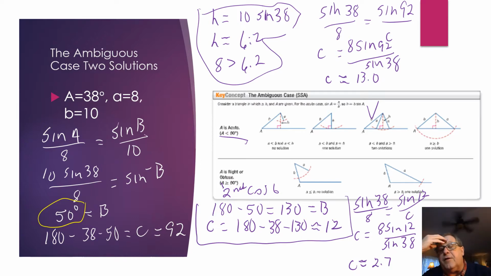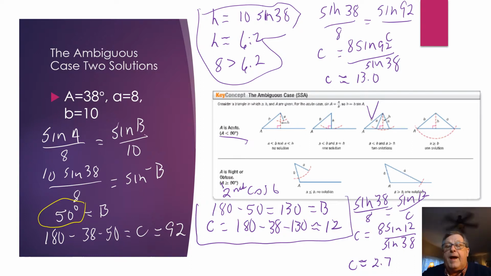So now we have a second scenario where angle B might be as much as 130 degrees. Under that scenario, what would angle C equal? Well, that's 180 minus 38 minus 130, which is approximately 12 degrees.